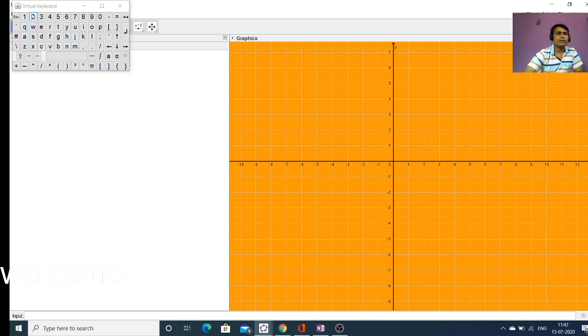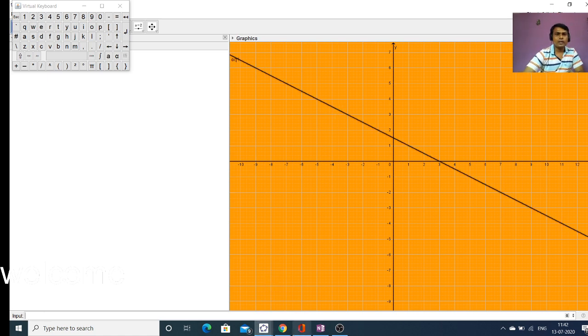Let me take the example of 2x plus 4y equals 6 as the first line. This is the equation of the line I'm showing here.